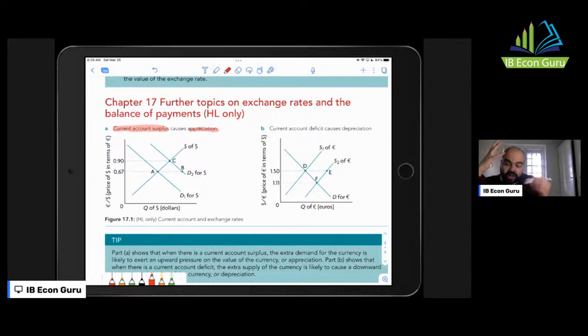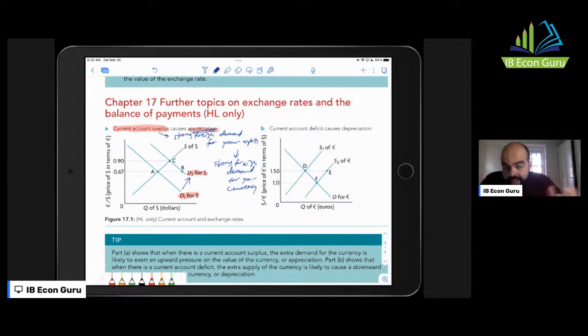Because a current account surplus means there is strong foreign demand for your exports, which basically means there's strong foreign demand for your currency. So a current account surplus will cause an appreciation.